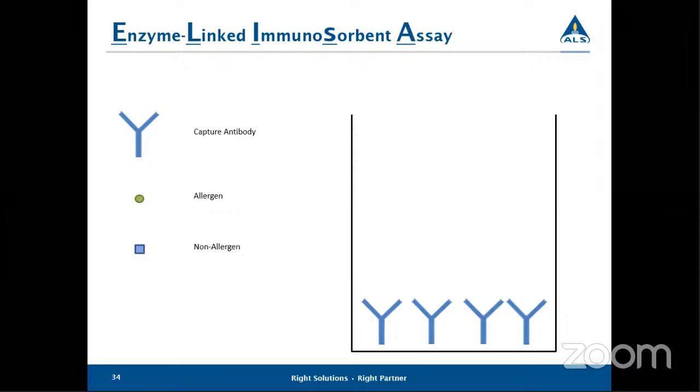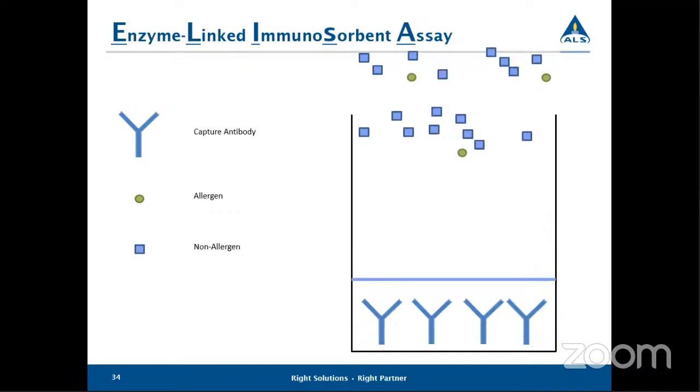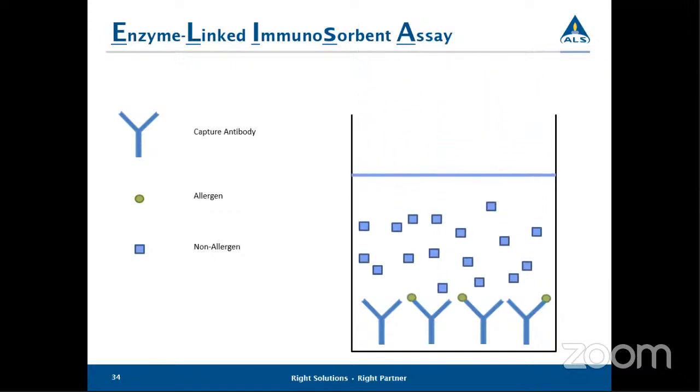So if we are looking for peanuts, it will only detect that specific epitope of that Ara protein in peanut. It will not detect milk, it will not detect egg, it will only detect that one. We take that extracted sample and place it into the well with the antibodies, and just a very small portion of what you've extracted will have the actual allergen.